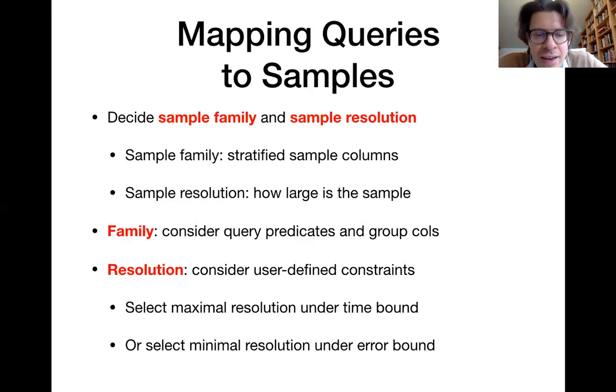And then we essentially want to select the maximum resolution, meaning the maximum sample size that we can still process within the time limit, or alternatively, we want to select the minimum sample size that will achieve the error bounds that the user has defined. So either we want to maximize precision under runtime constraints, or we want to minimize runtime under precision constraints.